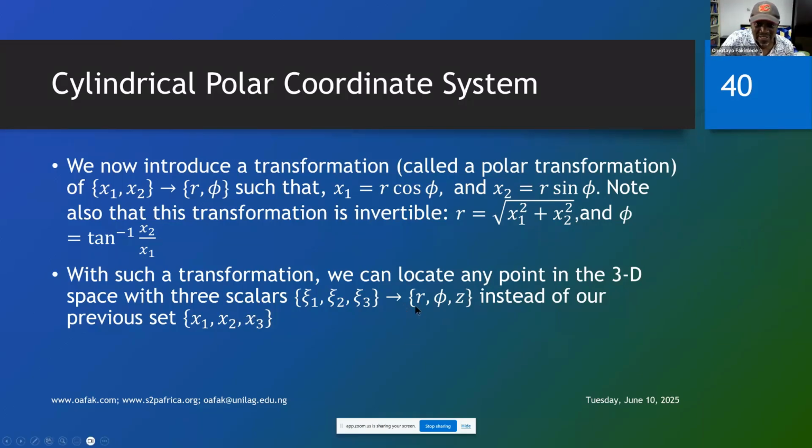Whereas in the cylindrical polar, r is a distance from a pole, that's a length. The phi is an angle, which is dimensionless. And z is a distance from a base plane. So you have three things that are not in the same units.